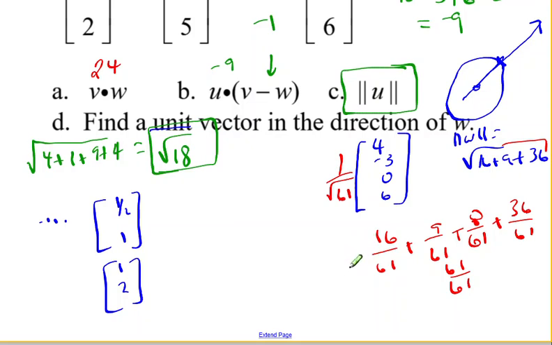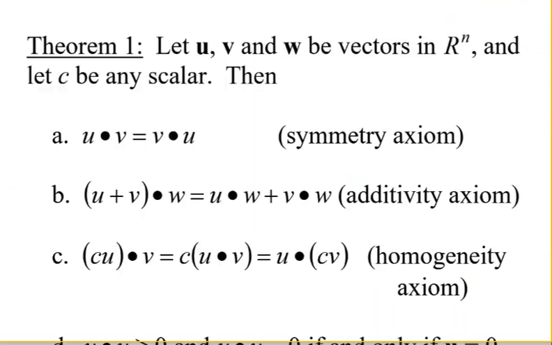Yep, so that is 1. So we have a unit vector in the direction of w. And that does need to be the square root of all those things squared. All right, so that is it for the first example.